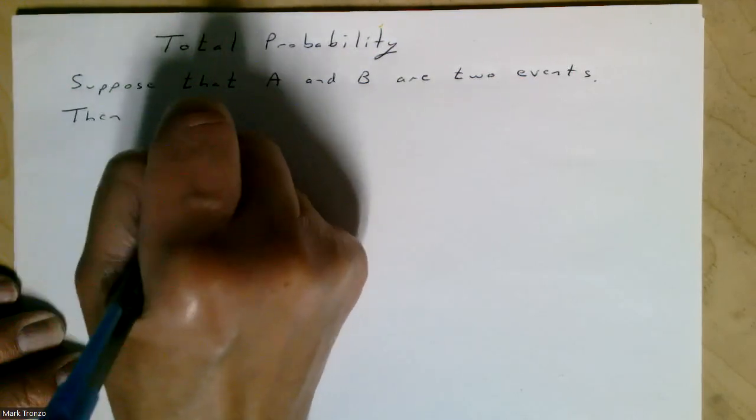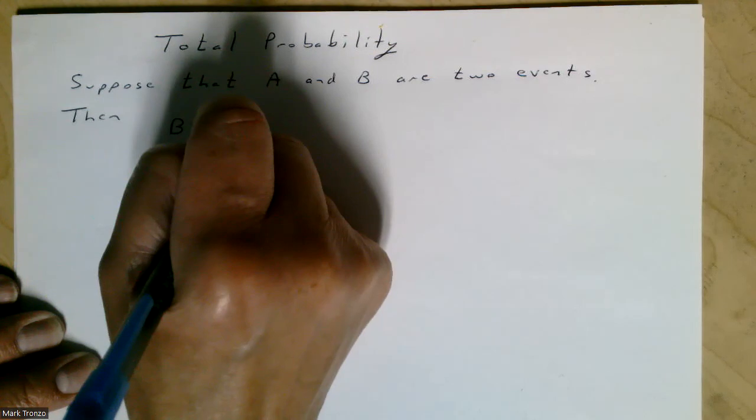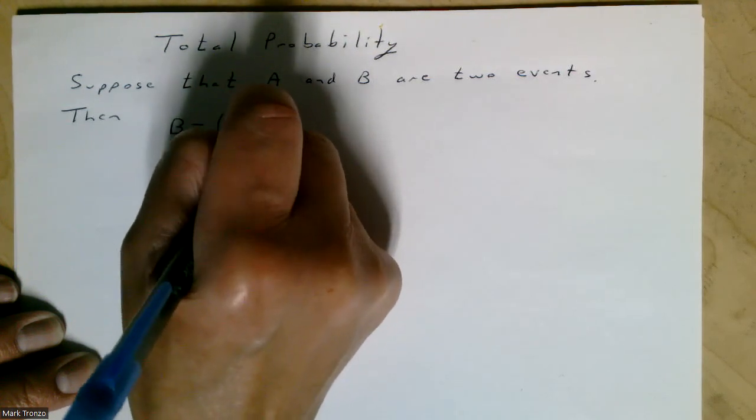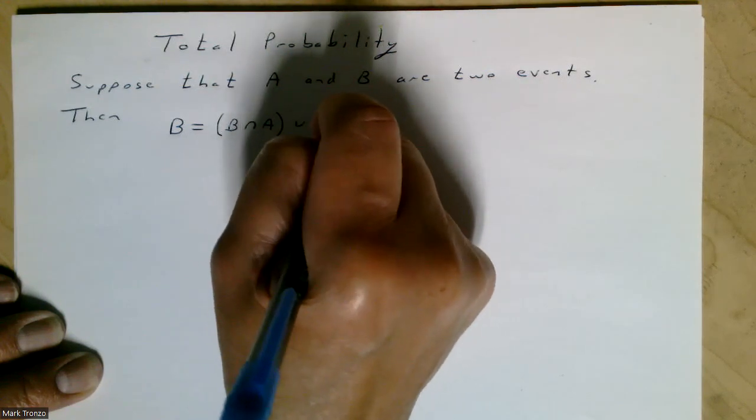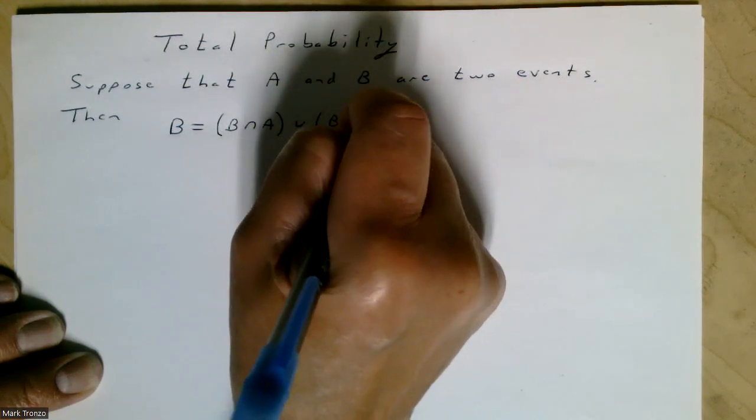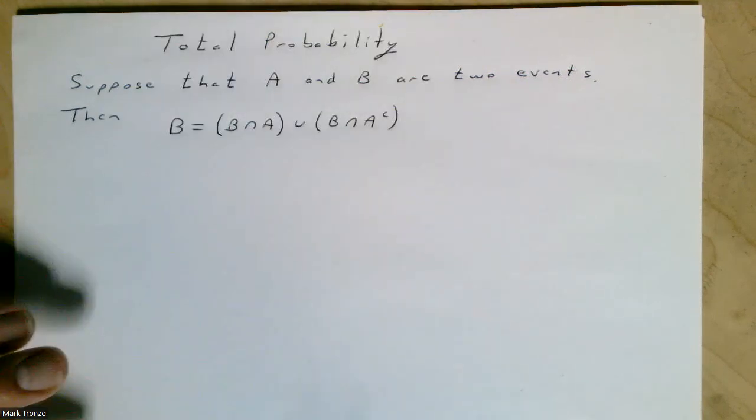Then B equals B intersection A union B intersection A complement.